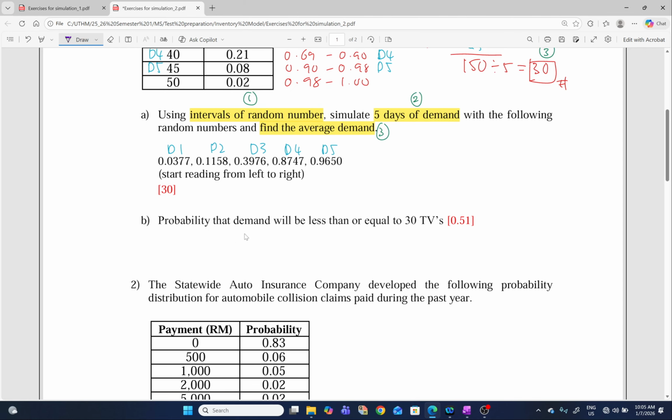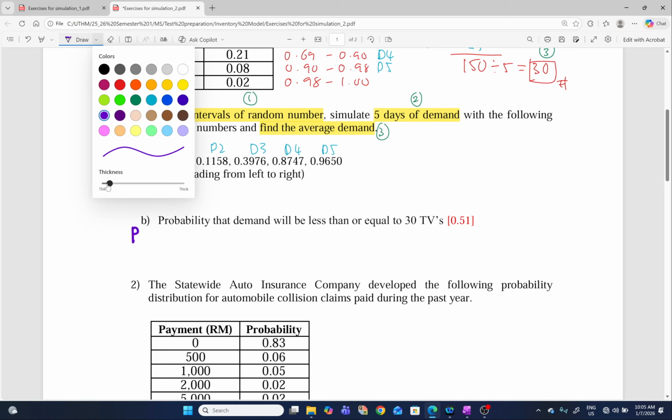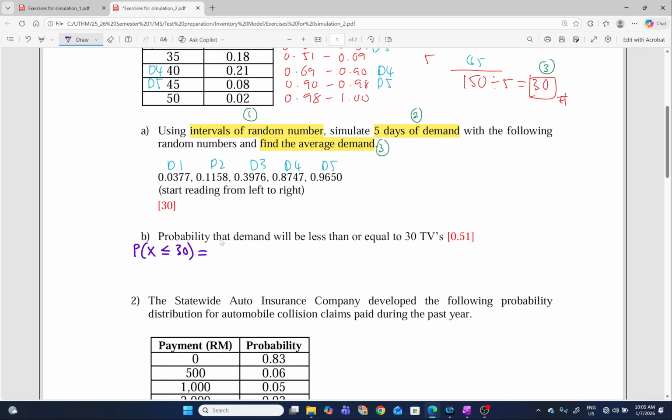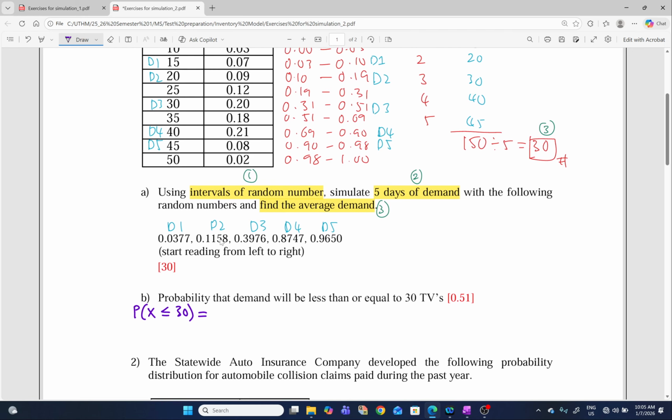Probability that demand will be less than or equal to 30. So the probability, X, I just put demand. So the probability X less or equal to 30. What are the demands less or equal to 30 here?